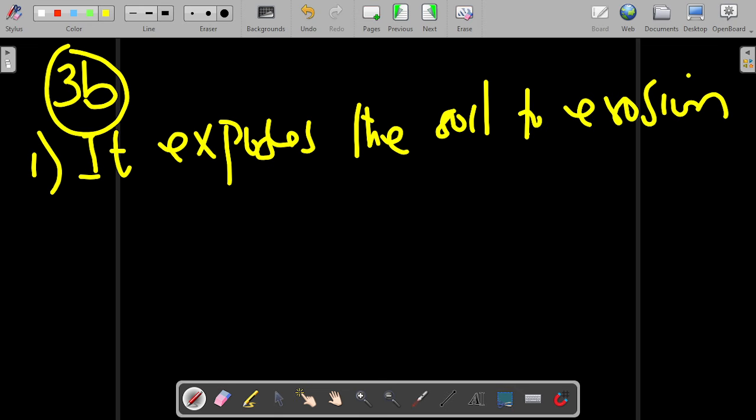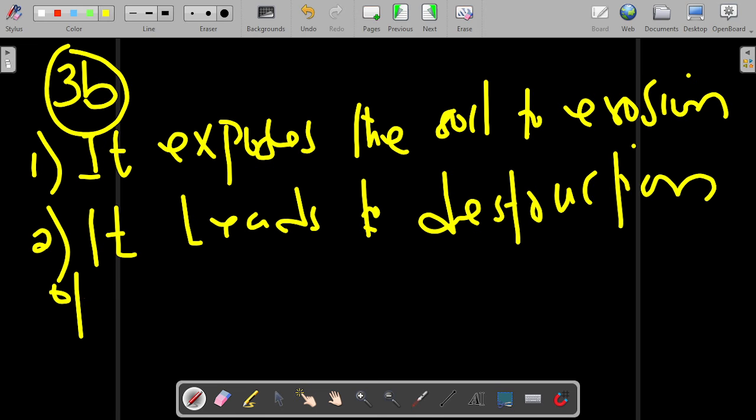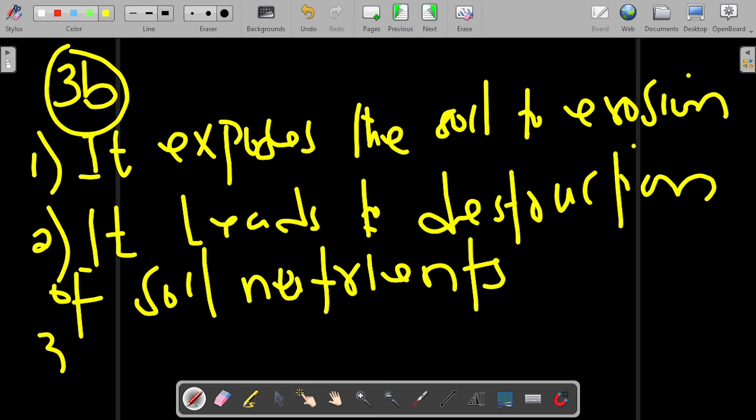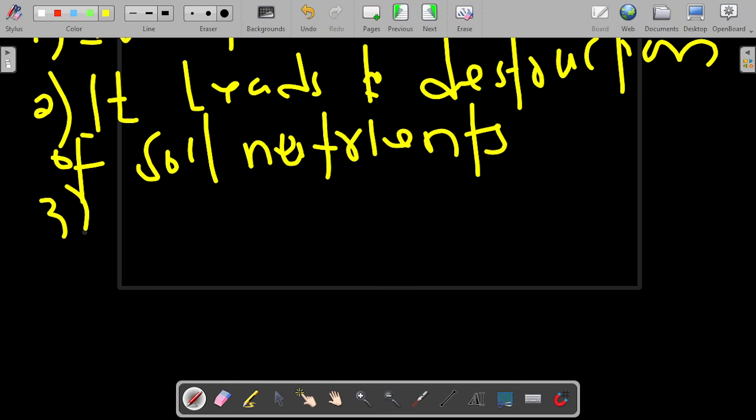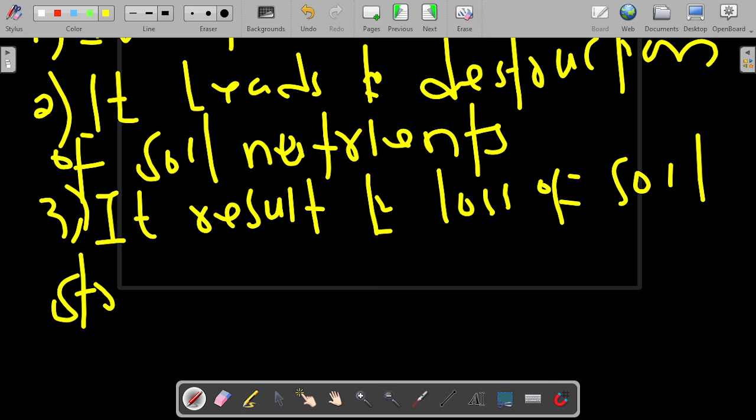Yes, when you clean your land, so clean. 2, it leads to destruction of soil nutrients. 3, the result is loss of soil structure and texture.